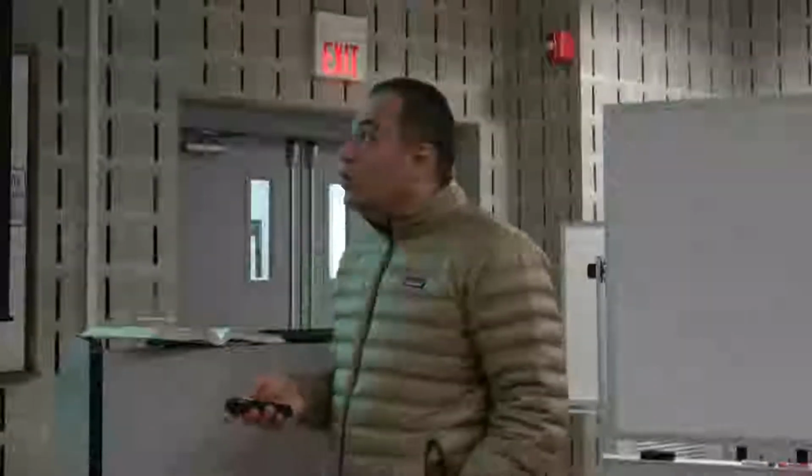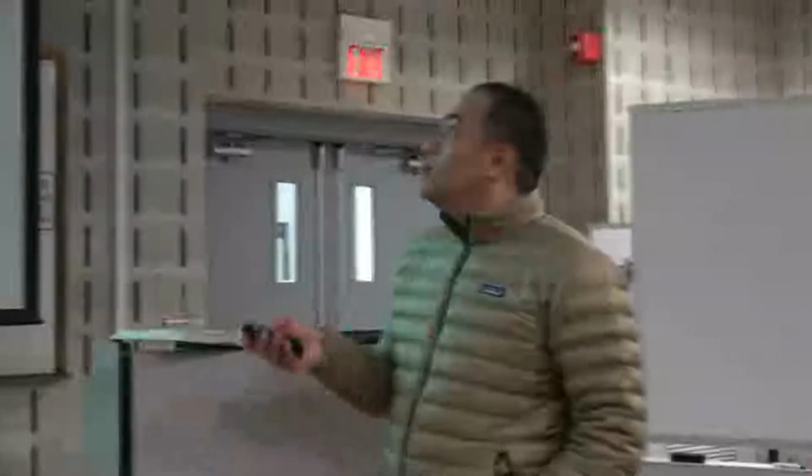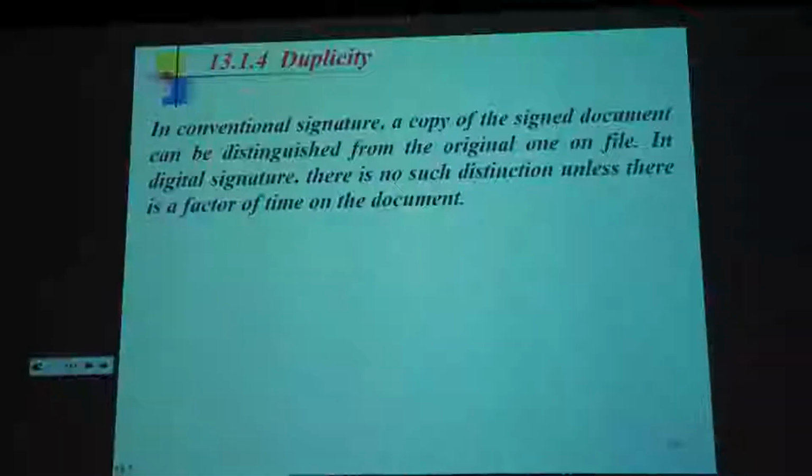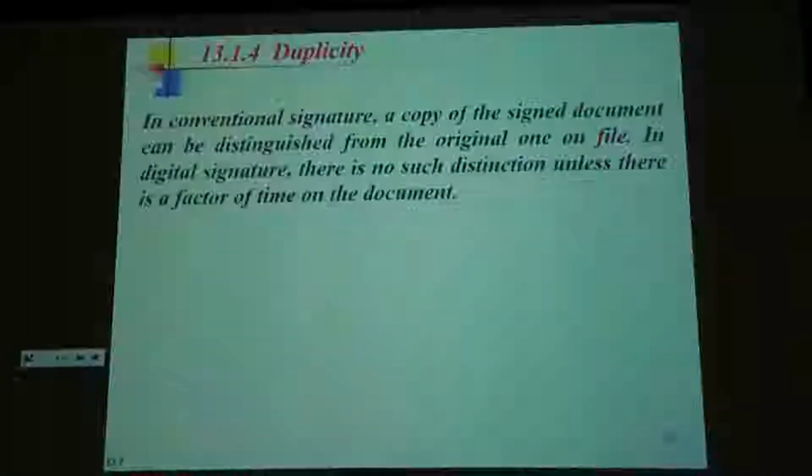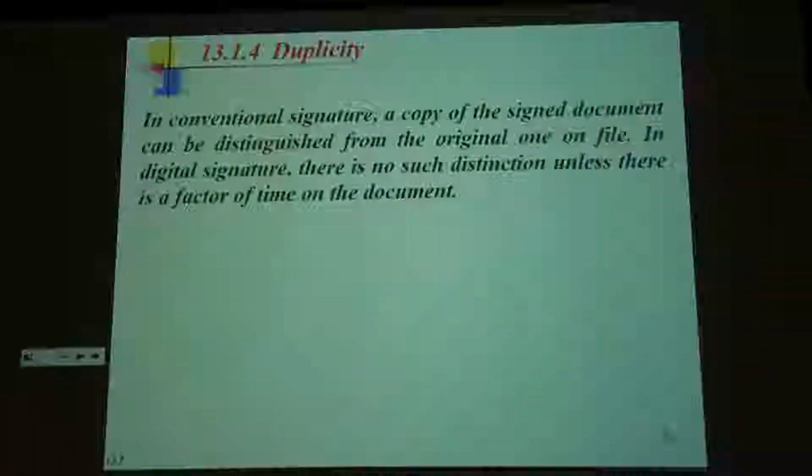When it comes to duplicity, in the conventional signature, a copy of the signed document can be distinguished from the original one on file. In the digital signature, there is no such distinction unless there is a factor of time on the document.